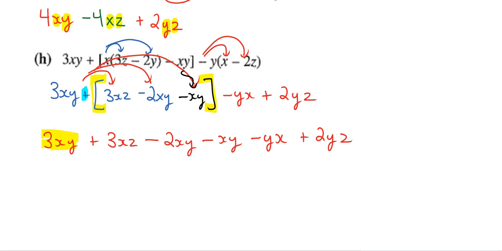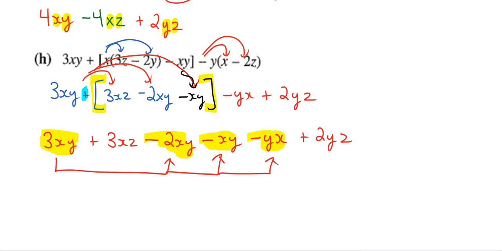So here's a 3xy, and here's a negative 2xy, here's a negative xy, here's a negative yx. Let's combine these together now. If I have 3 minus 2, that's going to be 1. 1 minus 1 is 0, and minus another 1 there, that's going to be negative xy. And then I don't have any other like terms, so this will be plus 3xz plus 2yz.